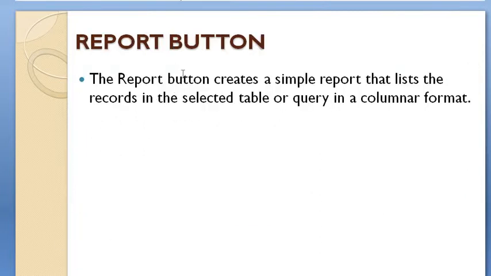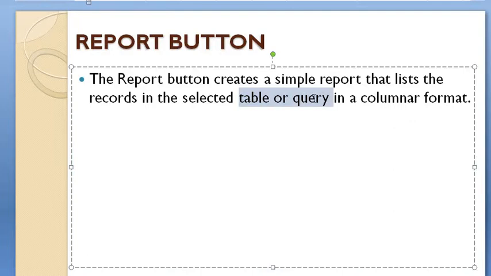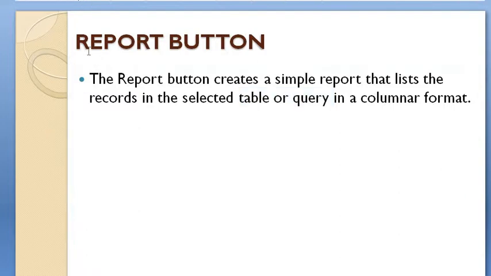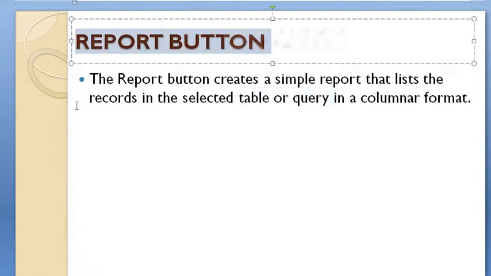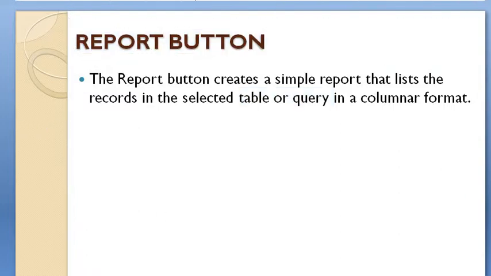So what is the report button? A report button creates a simple report that lists the records in a selected table or query in a columnar format. We'll see how to create a report using the report button.